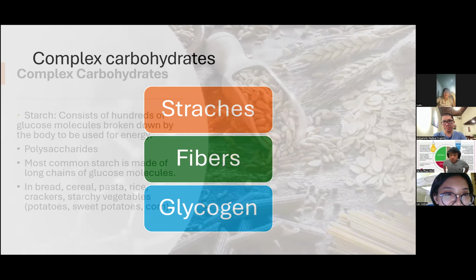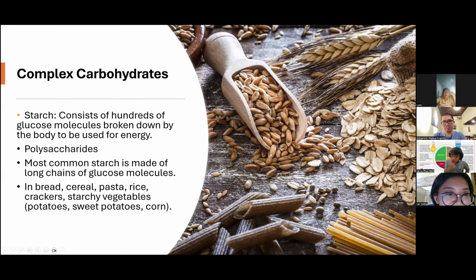Okay, so starch. Starch consists of hundreds of glucose molecules broken down by the body, and it can be used for energy.